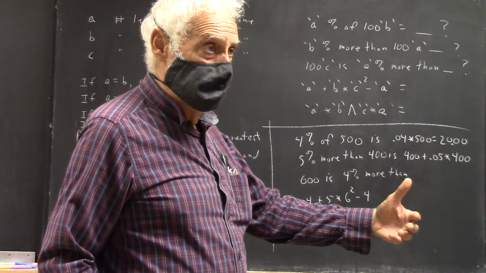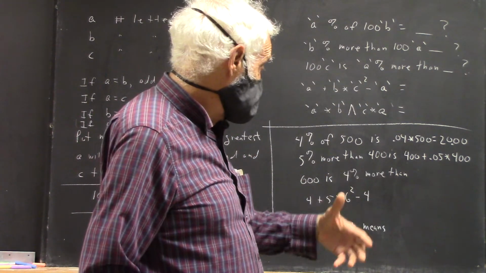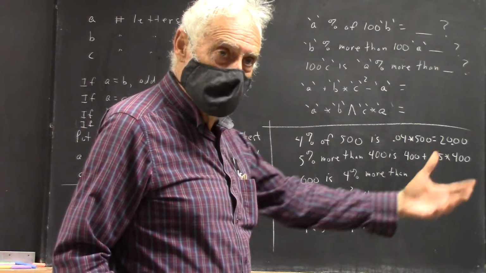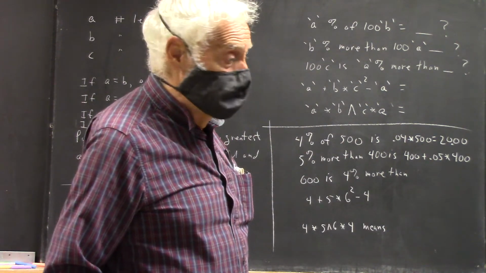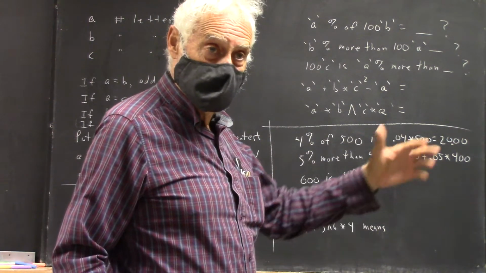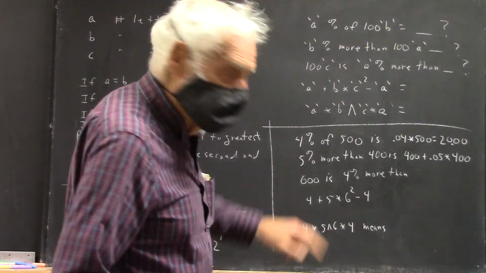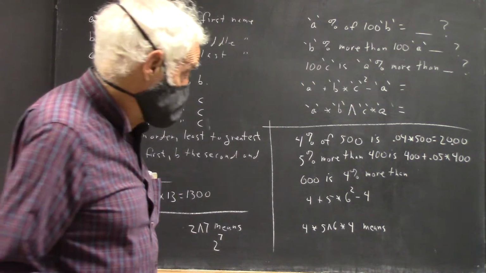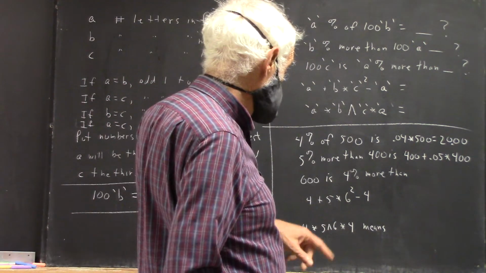So you could say 1.04 times something you don't know is equal to 600. So the thing you don't know has got to be 600 divided by 1.04. Okay? I need more room to write that out, so we'll come back to that.